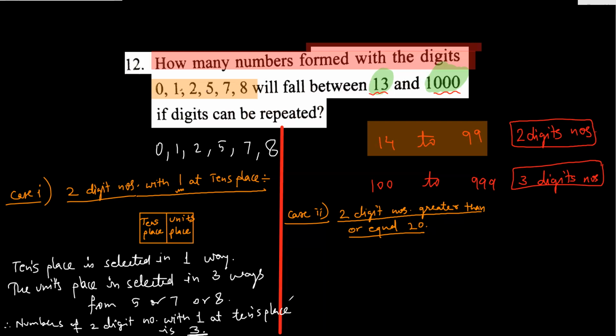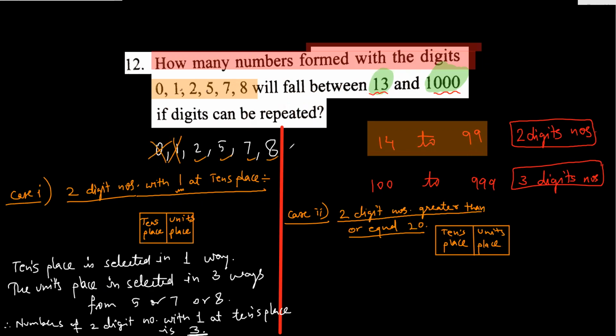But now you have two-digit numbers greater than or equal to 20. So what do you have now? See, this is units place. And here you have tens place. So what do you say? In how many ways can the tens place be filled? The tens place, you can't have 0, you can't have 1.